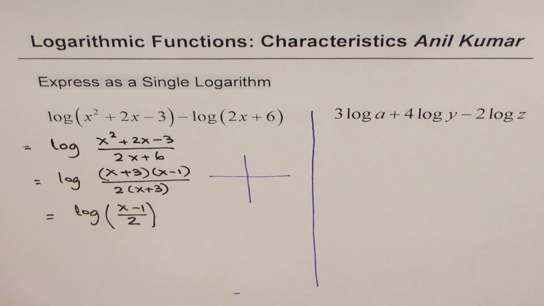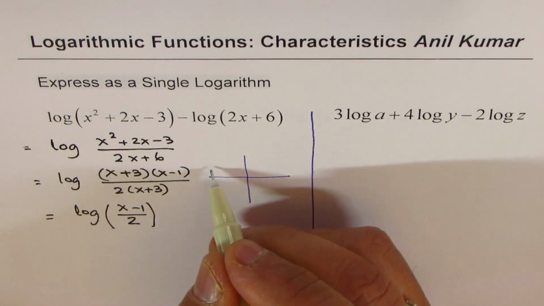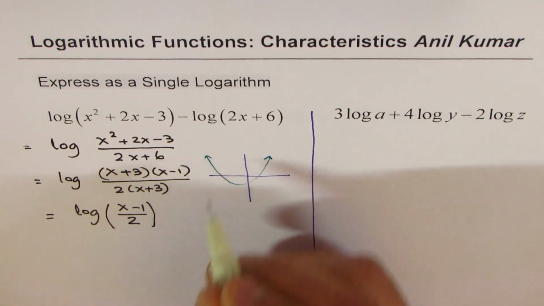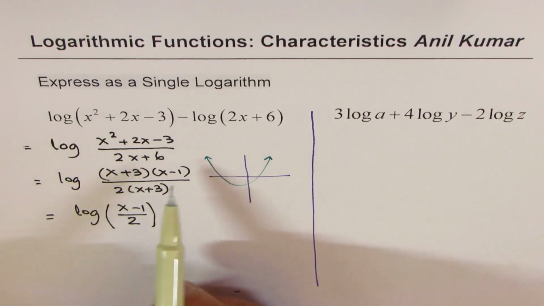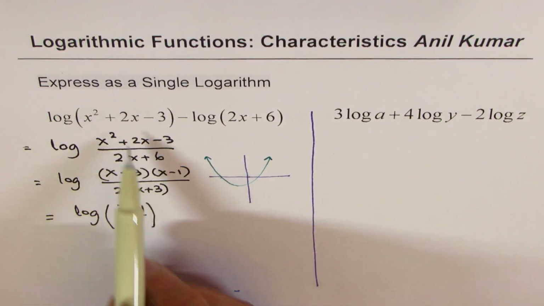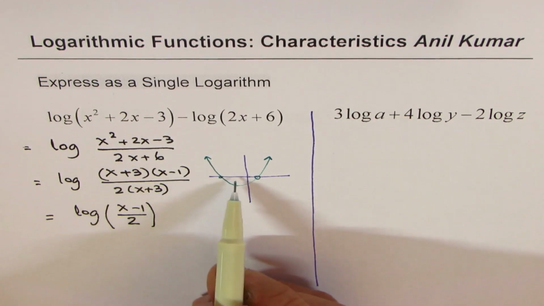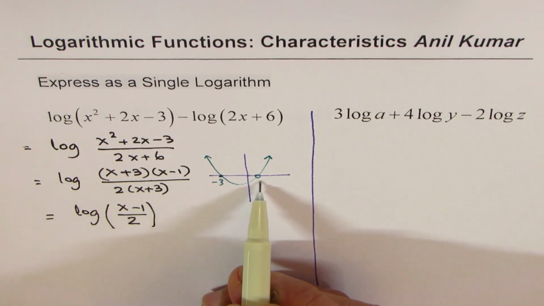That parabola will have two zeros, one at minus 3, one at 1. So it may be something like this, right? So opening upwards. So this particular function is actually negative between minus 3 and 1, right? So this is minus 3, this is 1.